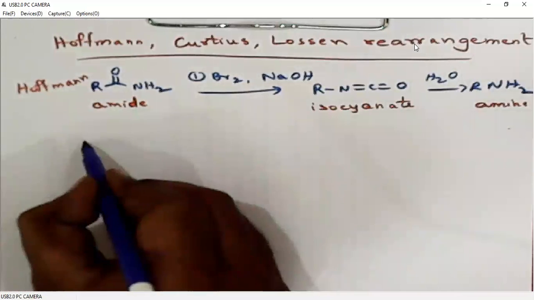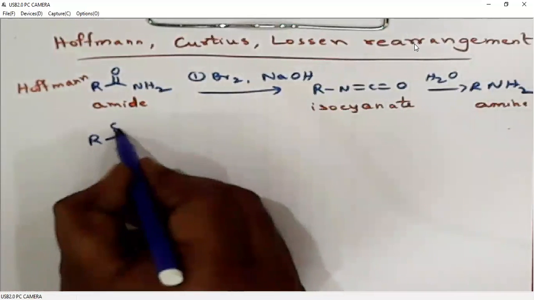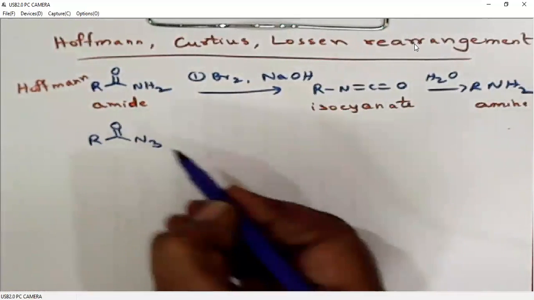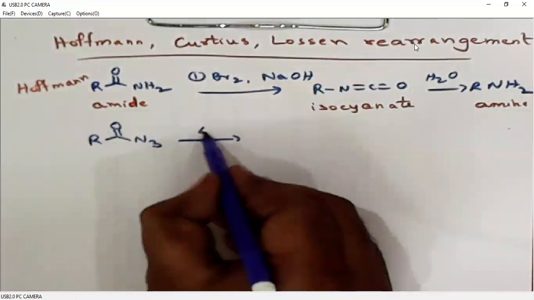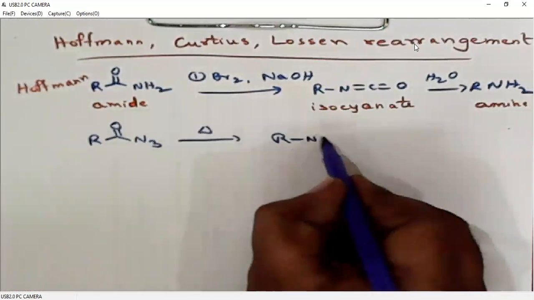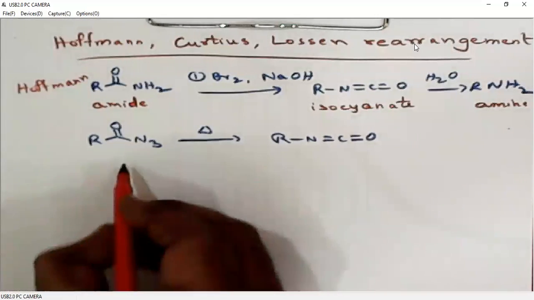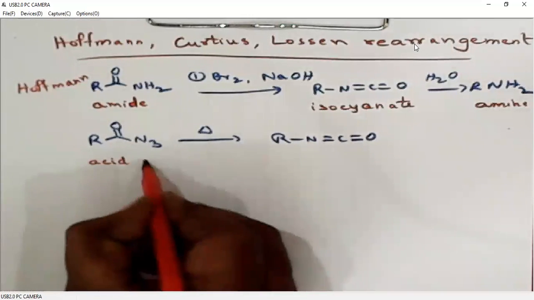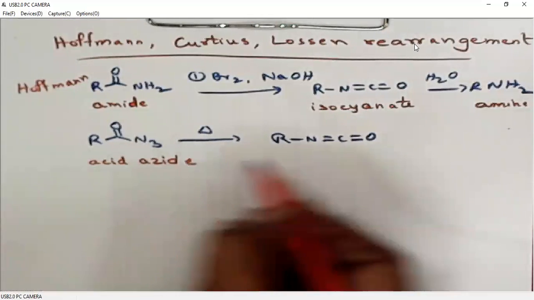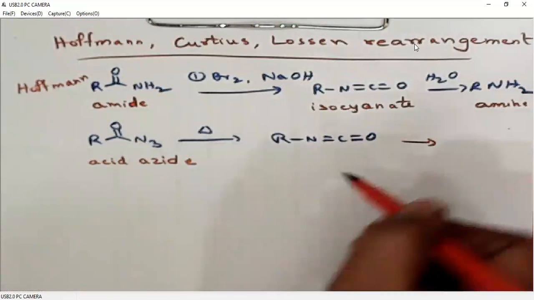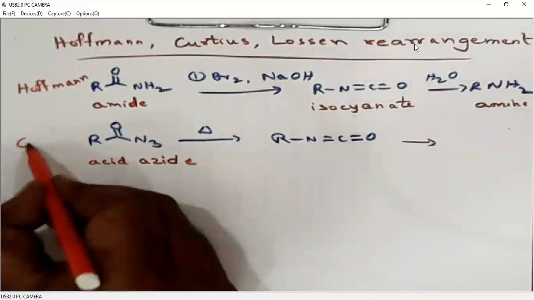Similarly, acid azides can be converted to isocyanates upon thermal treatment. This is acid azide. Of course, after this, the same story. This is called Curtius.